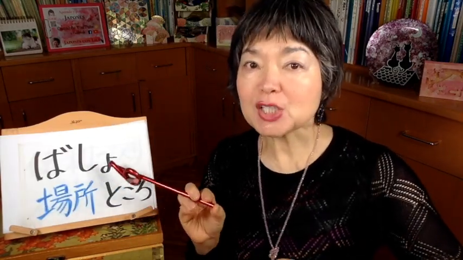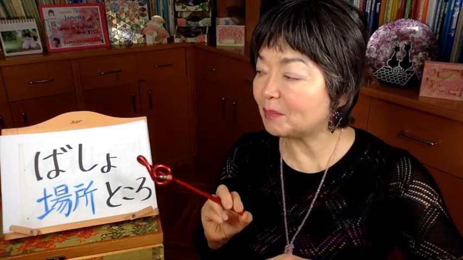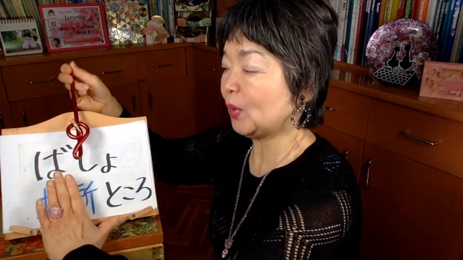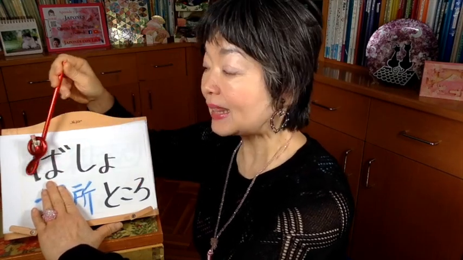And 場所 or ところ, the same meaning. 場所 with this kanji, and without this kanji, we can pronounce ところ. Place. Both 場所 and ところ have the same meaning.